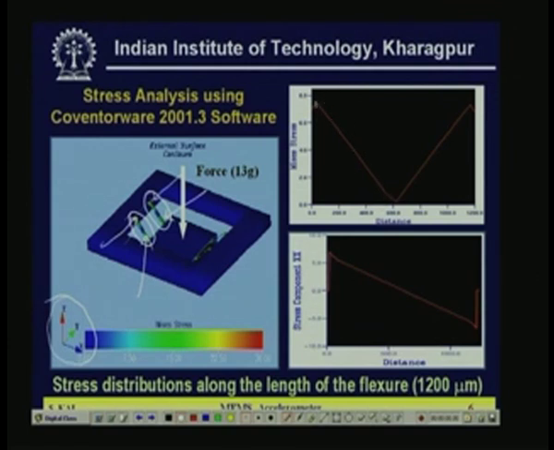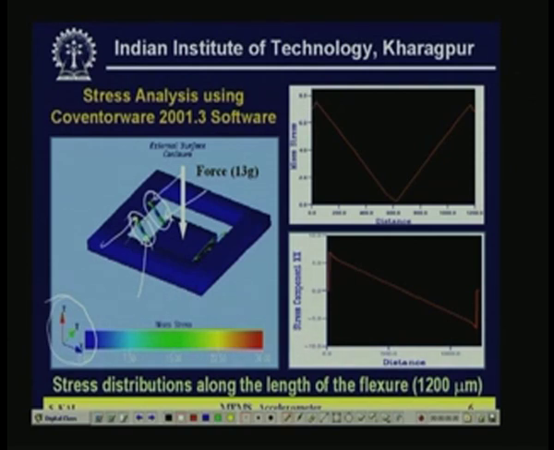Now you see here Mises stress is plotted magnitude wise over distance, and the stress component is shown in the bottom diagram, where it is positive and negative, because in this flexure there are two kinds of stress, tensile stress and compressive stress.